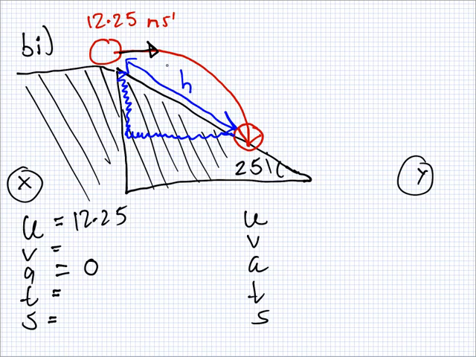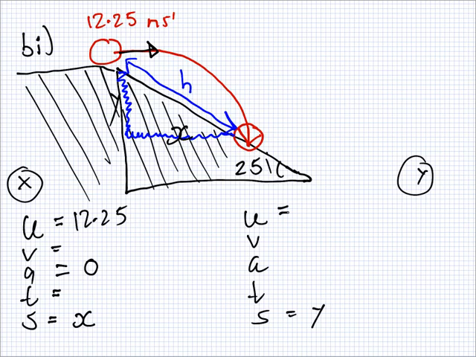So finding the H is really the same as finding the X and the Y, the horizontal and vertical distance traveled. So I'm going to think about this as a problem of finding the X and a problem of finding the Y. We have to be careful because the Y will be negative, but we can deal with that later.